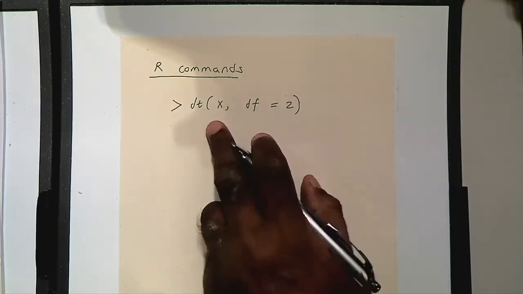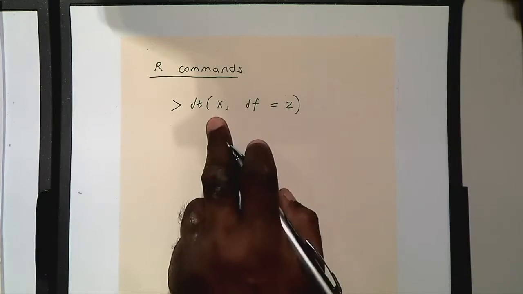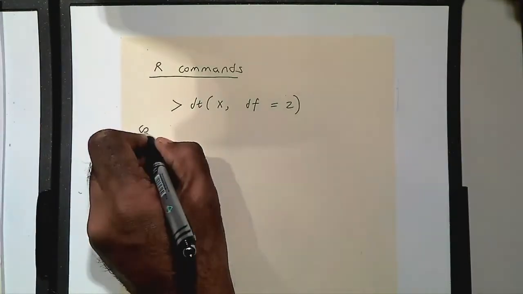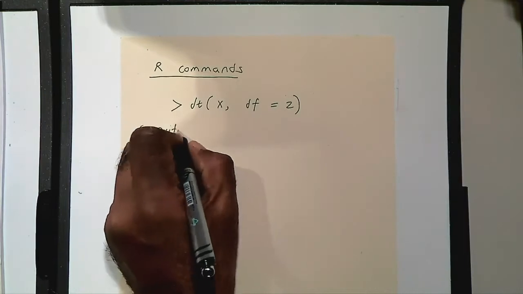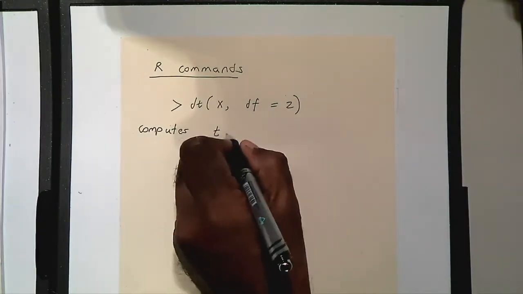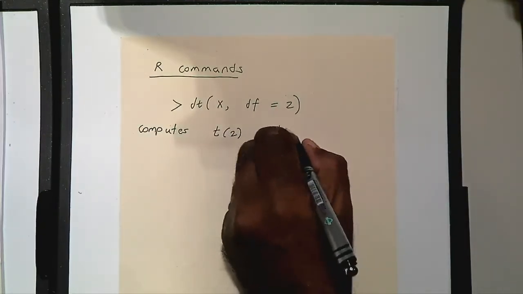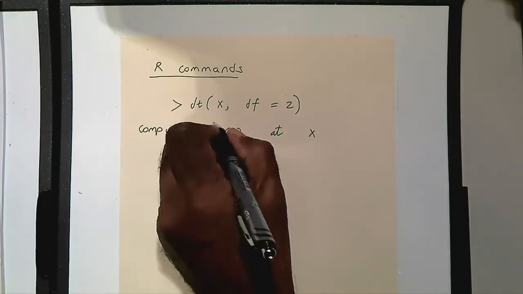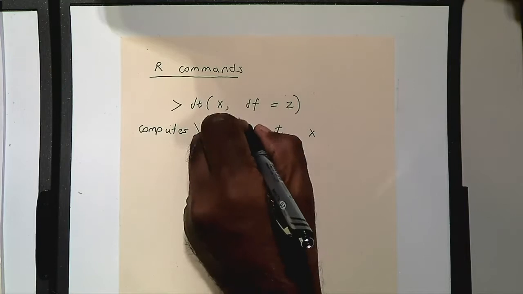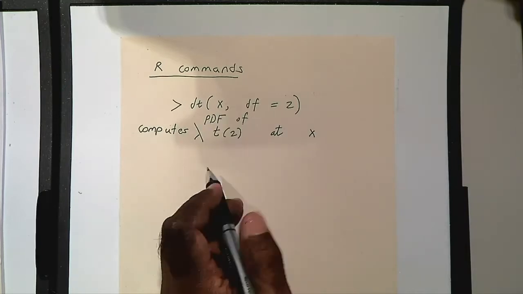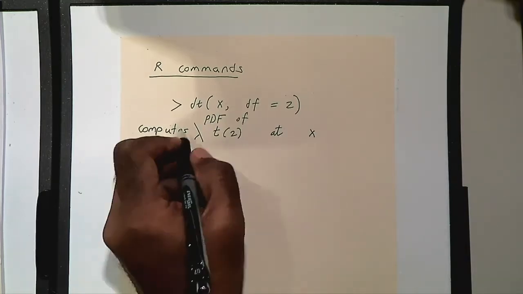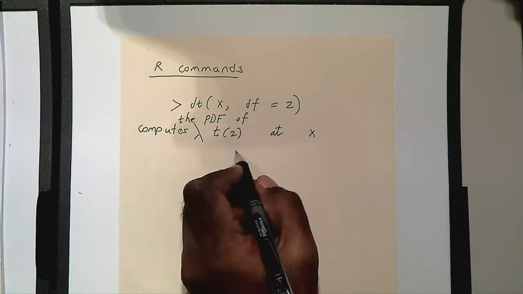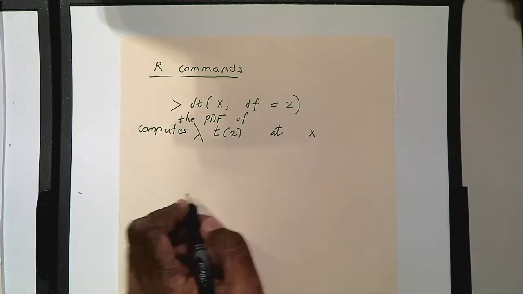This command here, d t, in brackets, x, comma, df equal to 2, computes the PDF of a t distribution with 2 degrees of freedom at x.